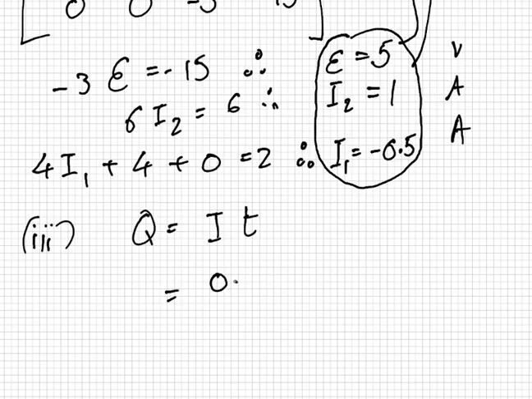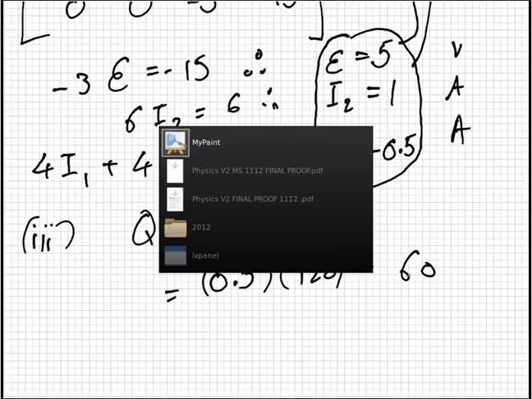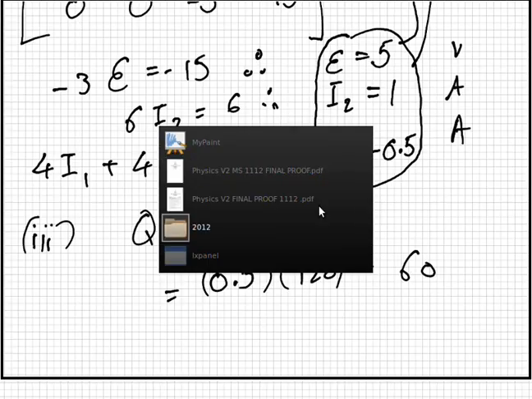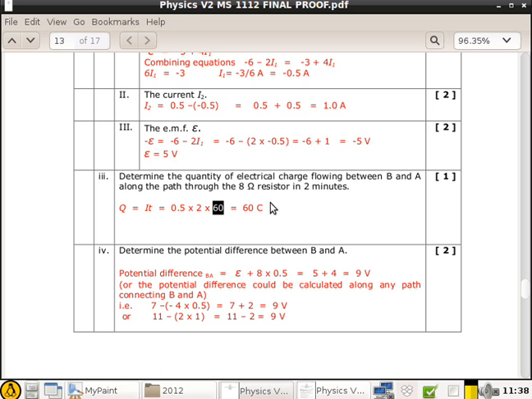They did? Well, I'll check it now. The I is 0.5 and the time is 120, which equals. Where is it here? 2 times 60. Yeah, but 2 minutes times 60 seconds, that's 120.